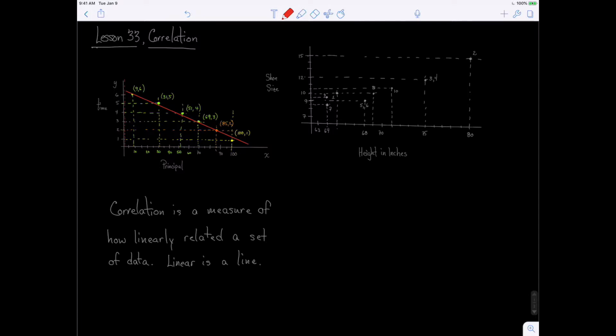So notice that as principal, or I should write it the other way, actually that might be better, as principal increases, time decreases.